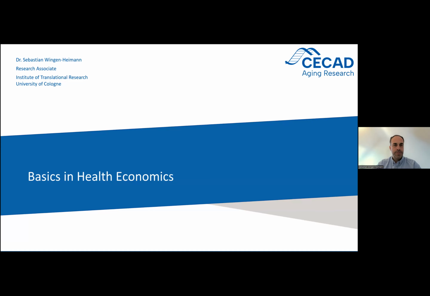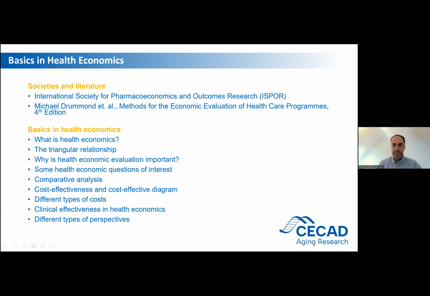So coming to the structure of my talk, first of all, I would highlight the ISPOR Society as well as the literature to which I also refer in this talk. For example, some adapted figures are used from the Drummond and colleagues book within this presentation. We also would like to look at some basics in health economics.